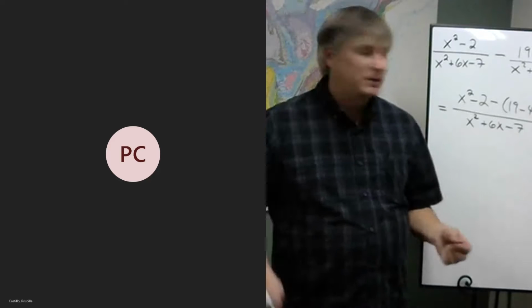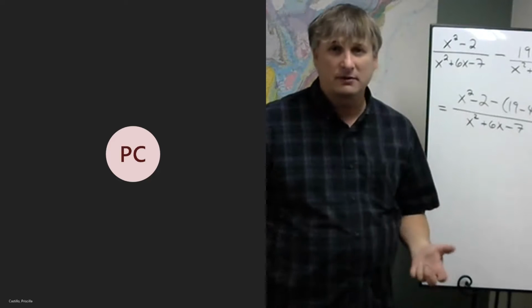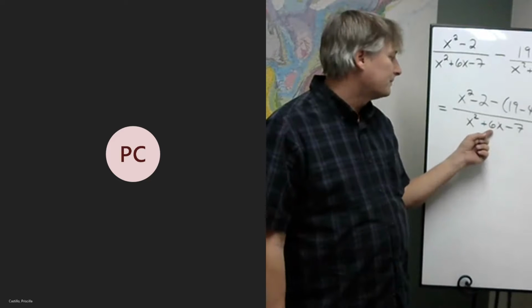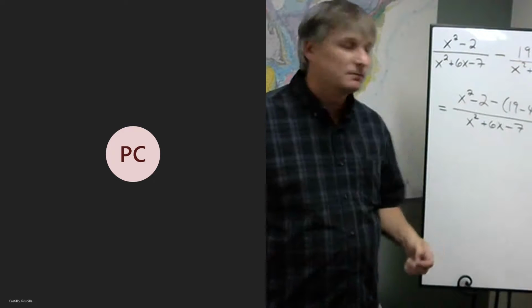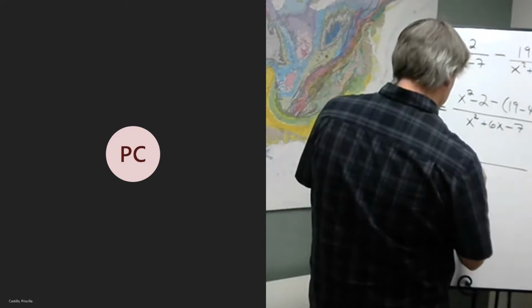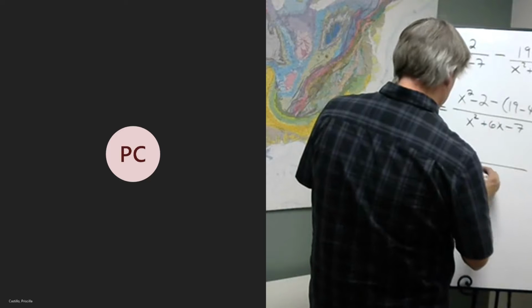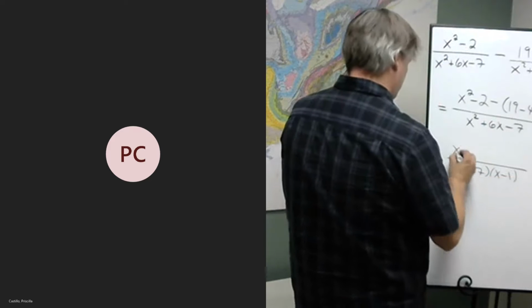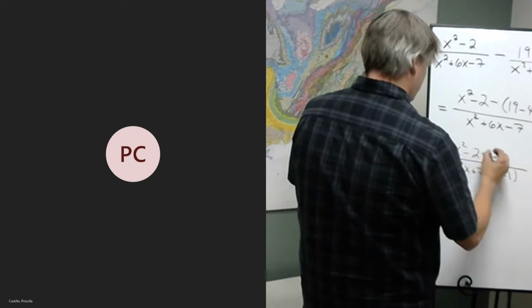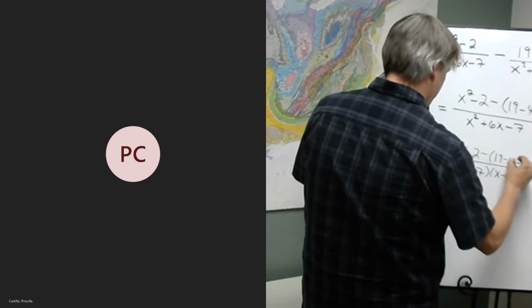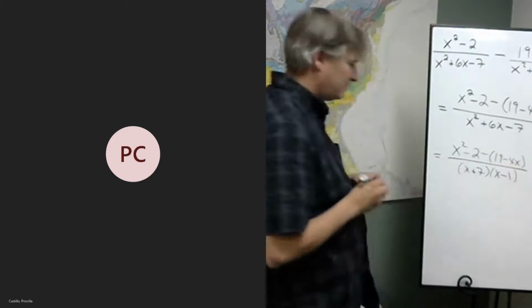Now, this is a guess and check because there's that invisible 1 in front of the x squared. So what we want are two numbers that add up to 6, but multiply to negative 7. So what those are going to be, there we go.